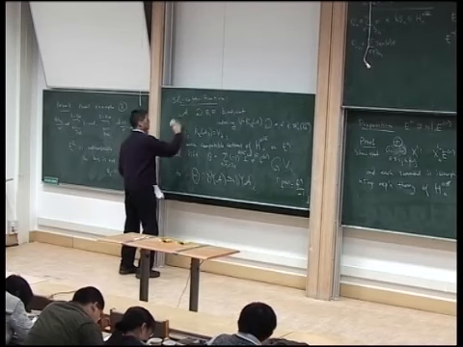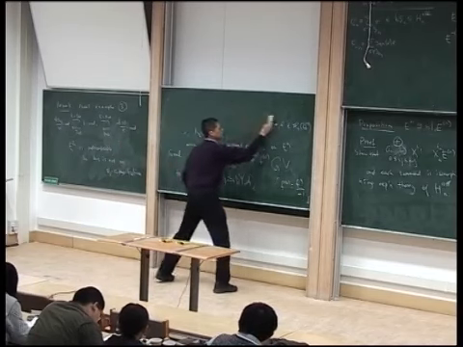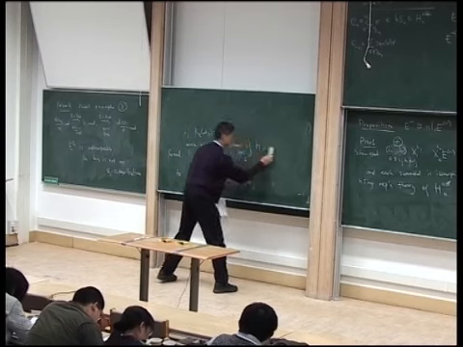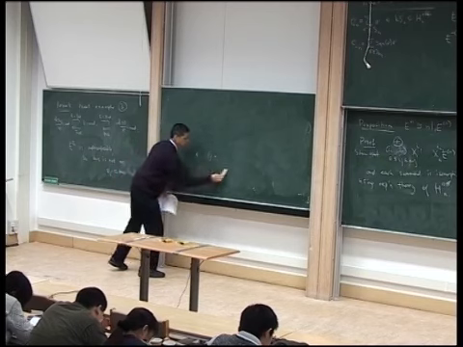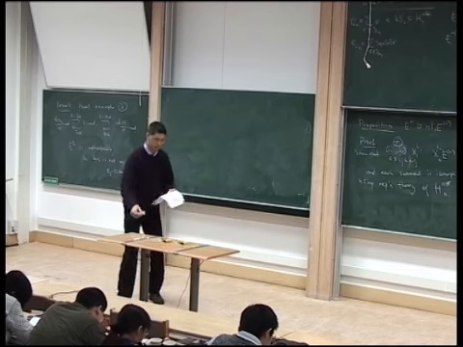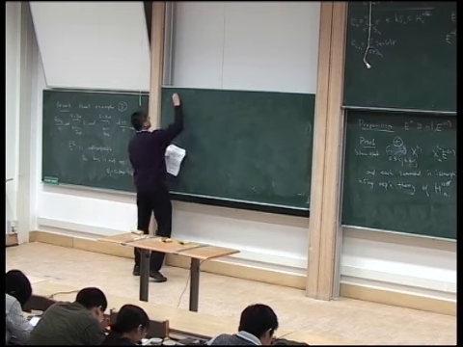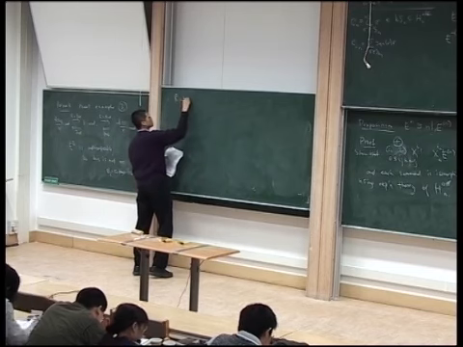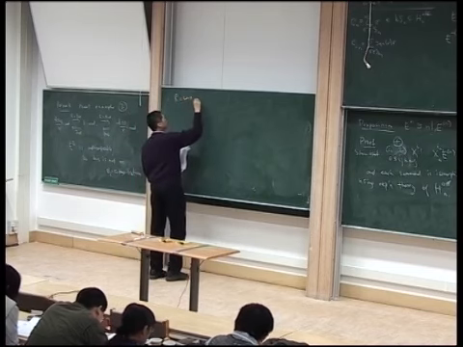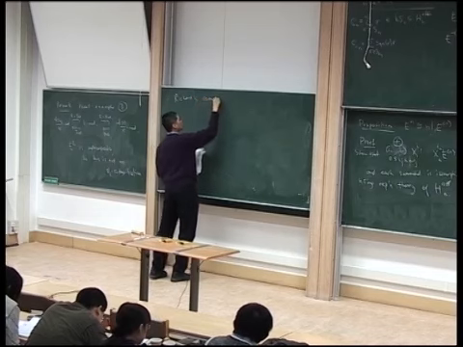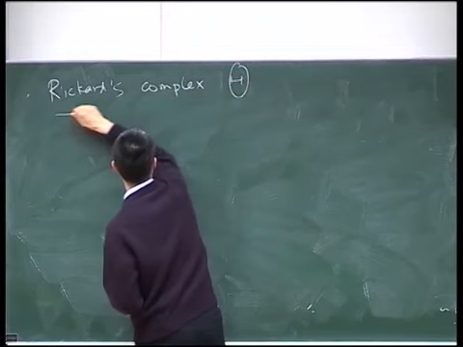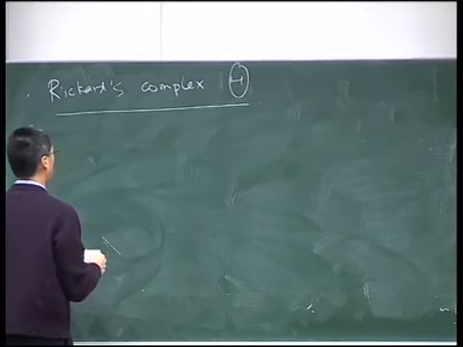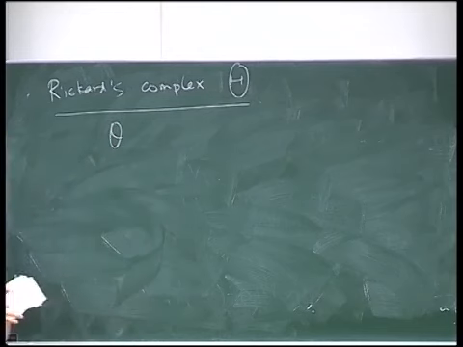So now let's construct the complex of functors, which is going to induce the derived equivalence. As I said, the formula for theta on the Grothendieck group was this triple sum.